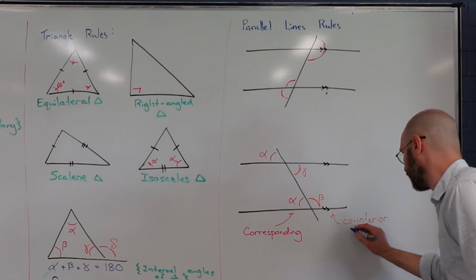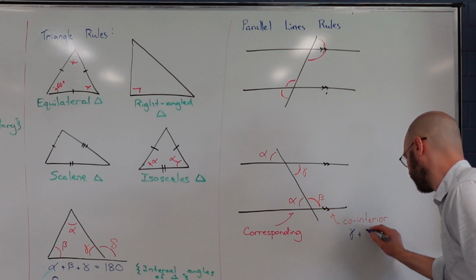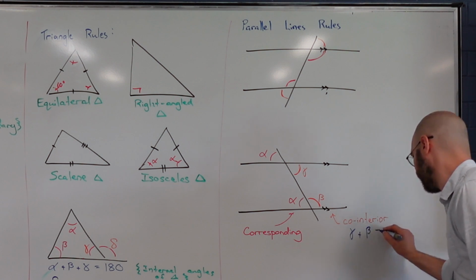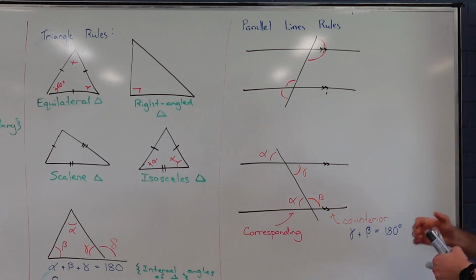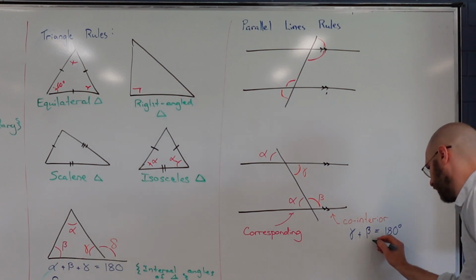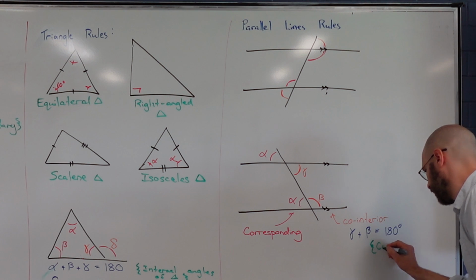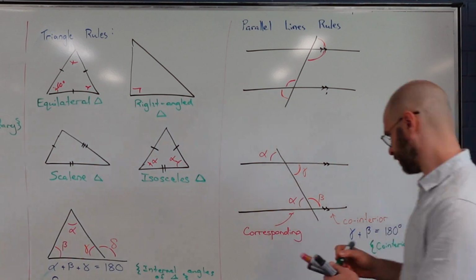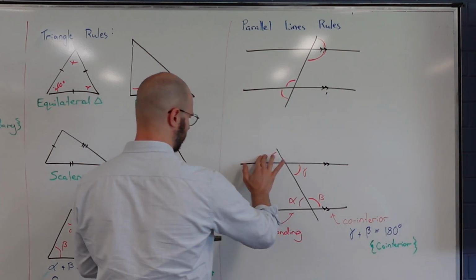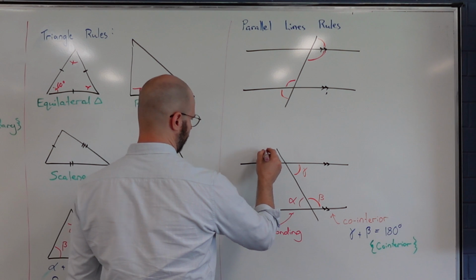It will be alpha plus gamma plus beta is 180 degrees. And this is cointerior. And I'll change this name over here. We'll call it delta.